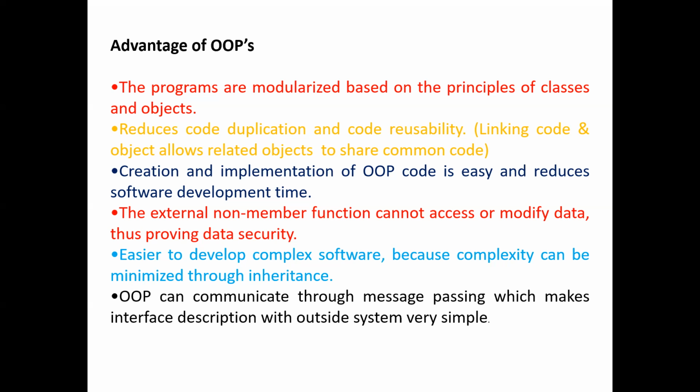It means we are concentrating on the data. The data are secure because of the external non-member function, which means a function available outside the class but not a member of the class. Using that, you cannot access the data members of a class. This provides data security.